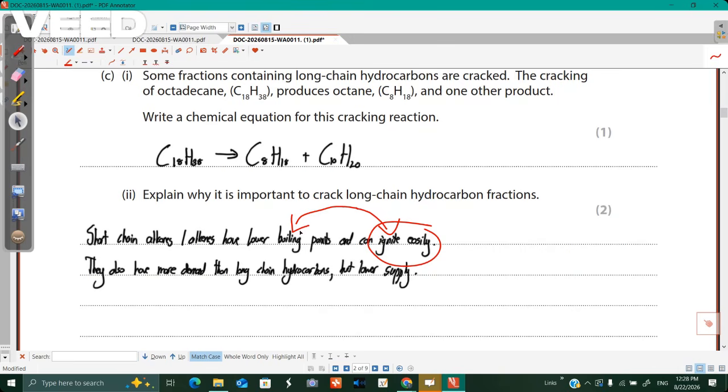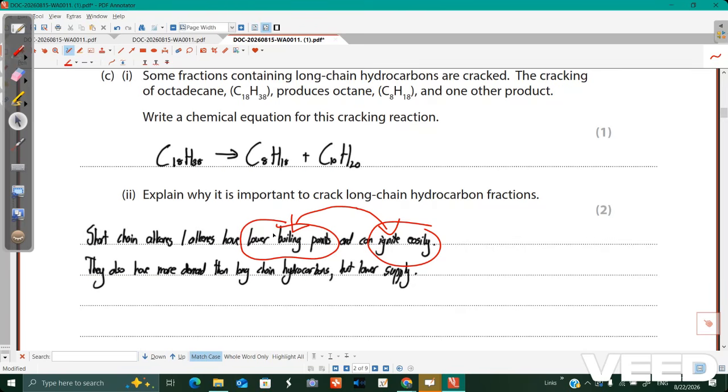So why is having a lower boiling point useful? You can't say it is useful. Sometimes it is not even useful. It depends on your application. Sometimes having a lower boiling point is not a useful feature.